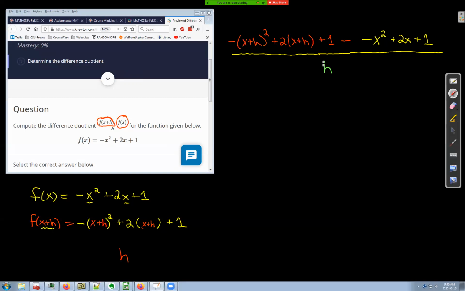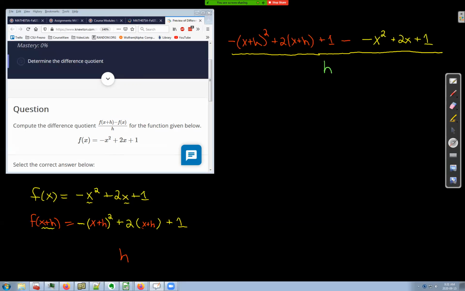And so the mistake I made was that this negative sign right here is the same as this negative sign right here, and this negative sign is supposed to affect all of f of x.